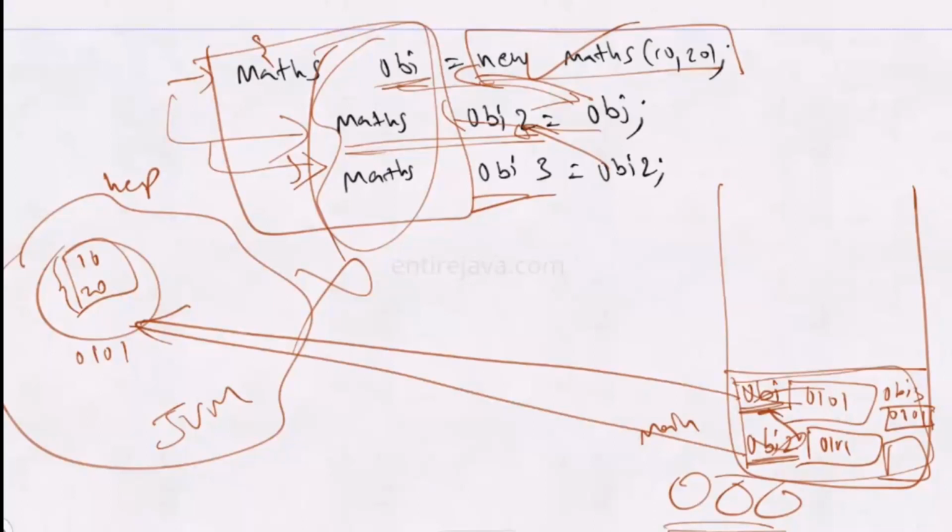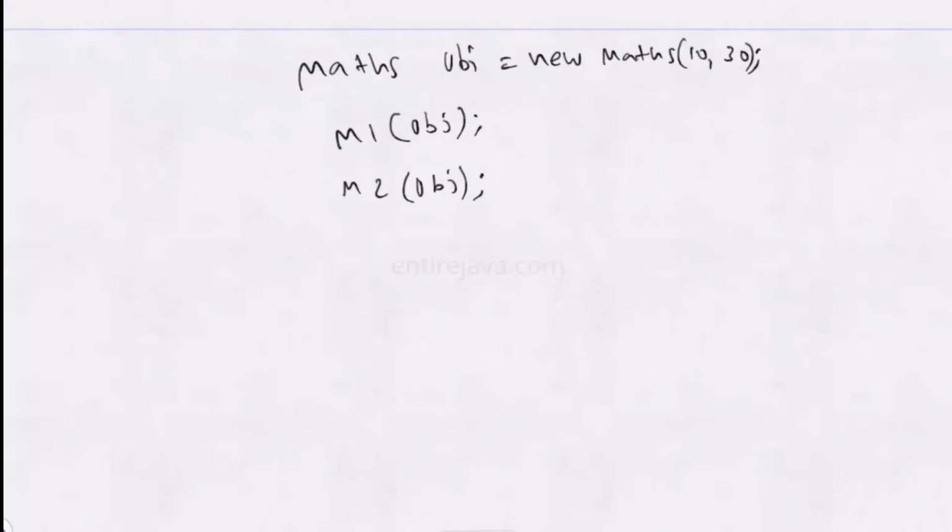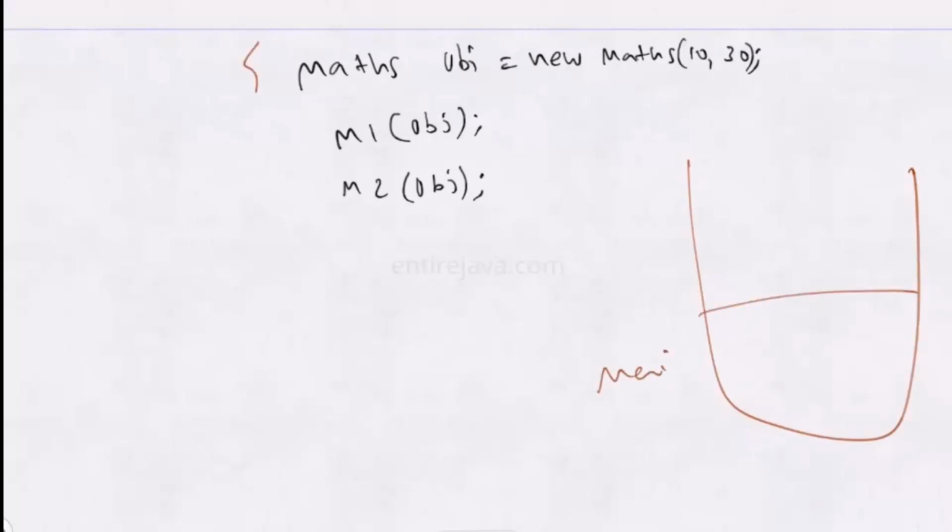Let's take a look at one last reason why you want to store objects in heap memory. Take a look at this example. For the sake of example, let's assume there is no heap memory. So we'll have a stack and a section dedicated for the main method. Again, let's assume this is residing inside the main method. We'll have an object created that will have a huge chunk of information about this object, including these variables, say 10 and 30.